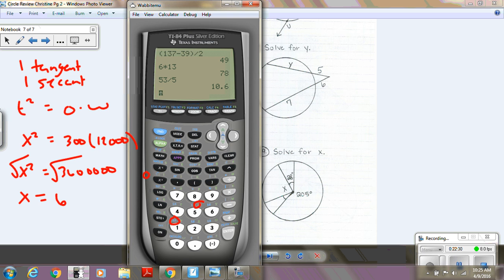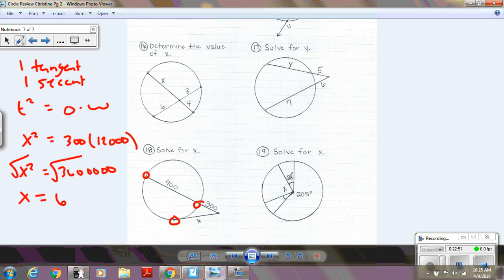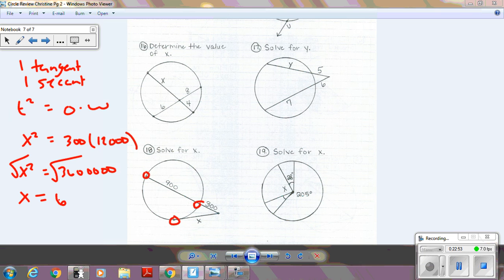Square root of 3, 6, 1, 2, 3, 4, 5. Oh, I thought it was 6 something. I'm sorry. So it's approximately 1897.37.